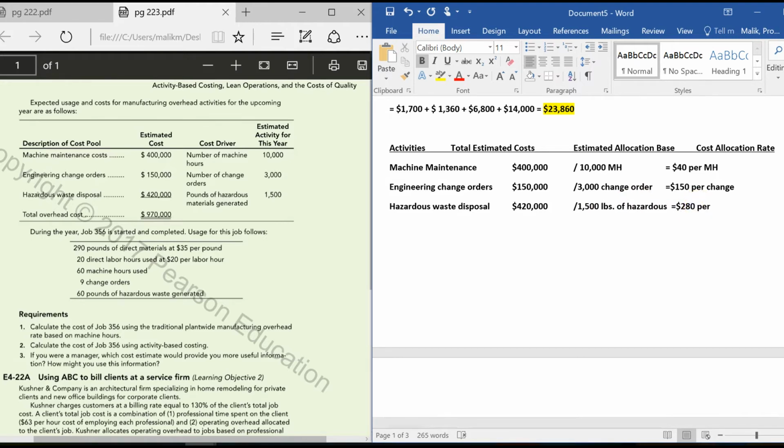That means if the company produces 1 pound of hazardous materials, the disposal cost will be $280. And that's the major issue, that they really would like to check this hazardous waste disposal cost for every job.